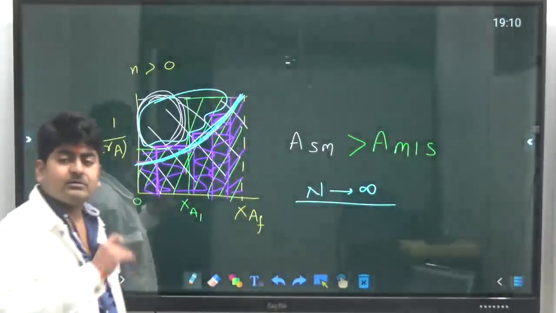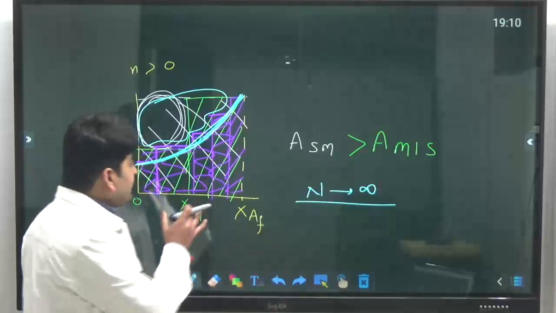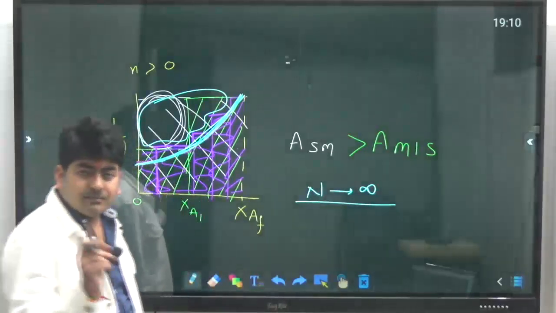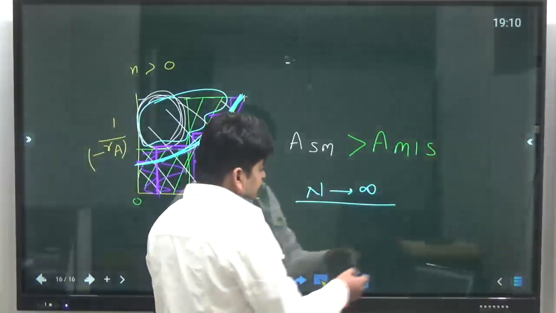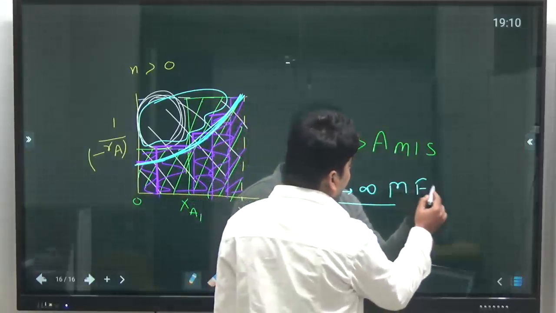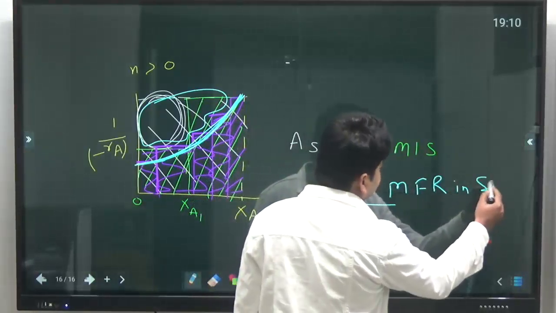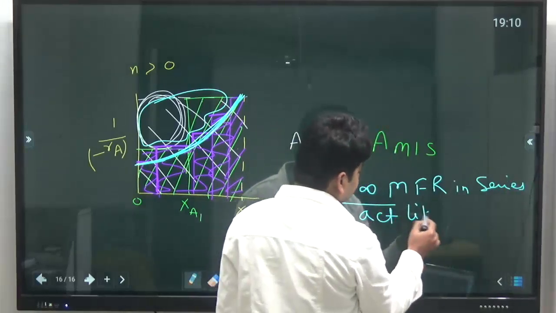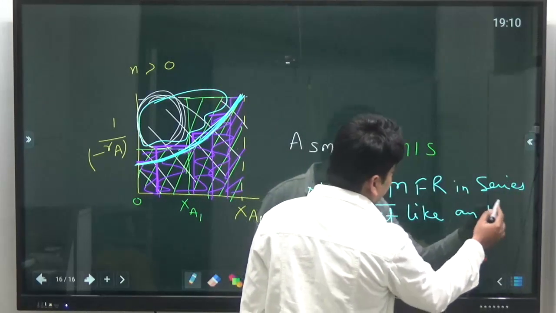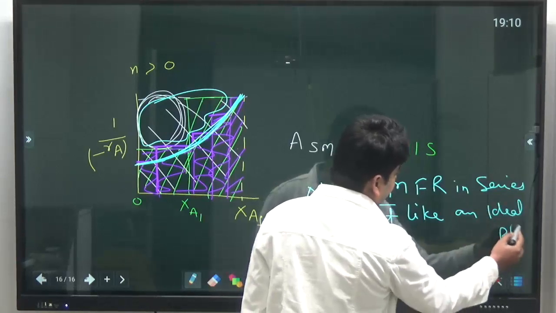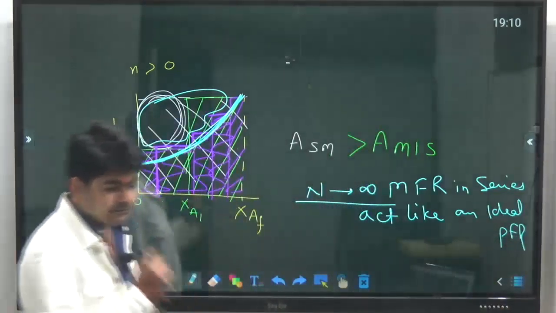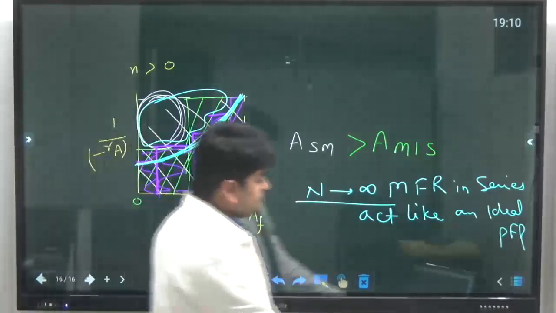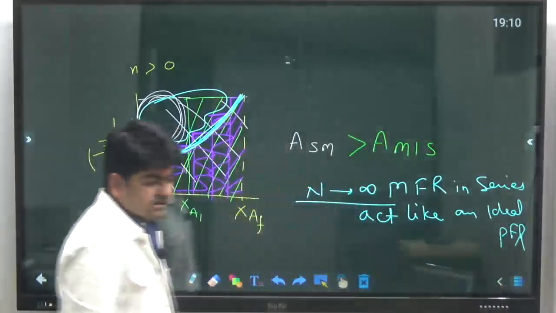For infinite MFRs in series, the additional area above the curve will become completely 0, and the performance curve will look like that of an ideal PFR. That's why we say infinite MFRs in series act like an ideal PFR. Okay.